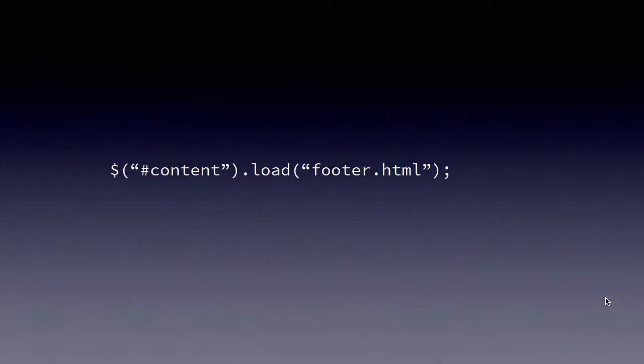And really, that's all there is. Now, if I want to filter what's loaded based on a selector, I simply put that after the URL. You can see I've done it here, footer.html space paragraph. And in this version, jQuery will load the contents of footer.html, but then find the paragraph tag and show just that particular part.